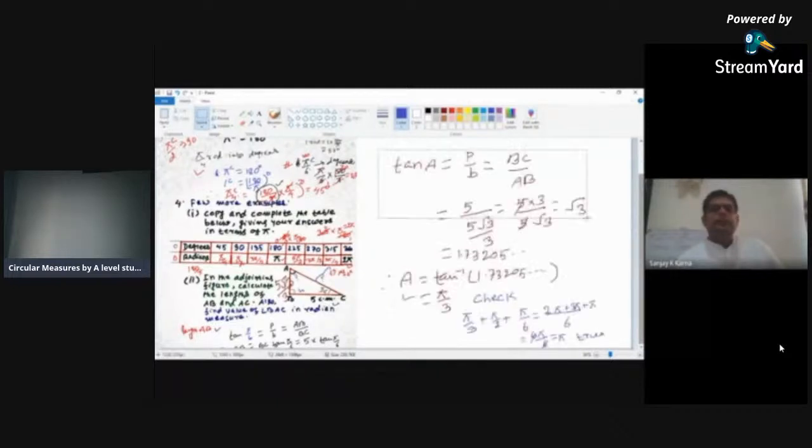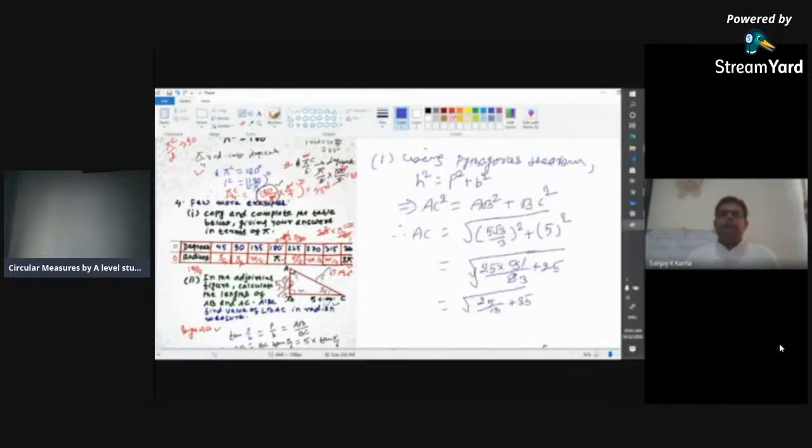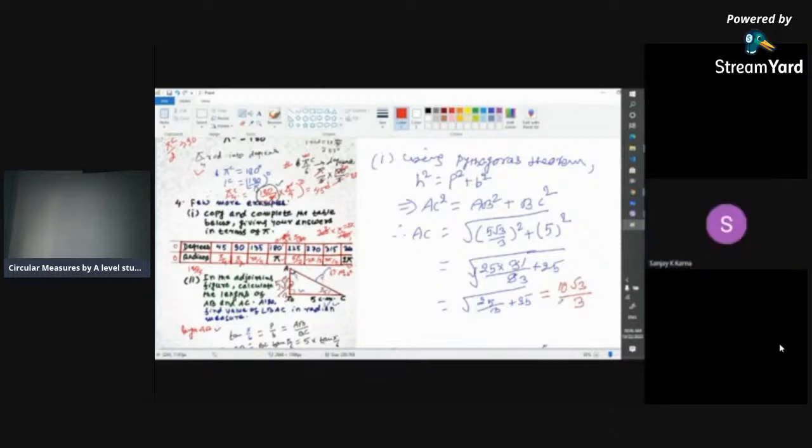So here, if I am finding the value of this AC, firstly by using the Pythagoras theorem, the value is 10 root 3 by 3. If you would like to convert that into some number correct to some significant figure, then you can write here like this.